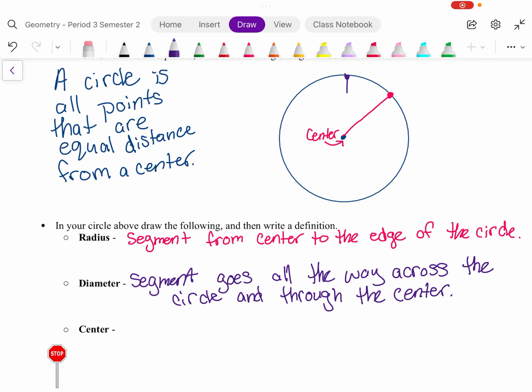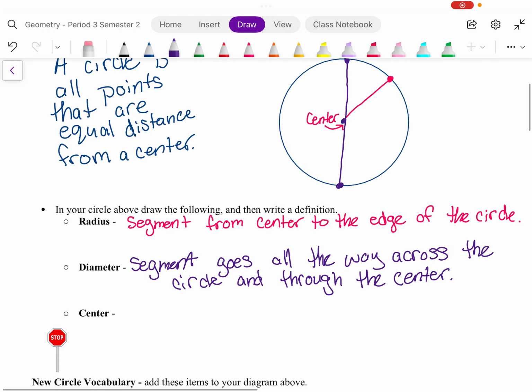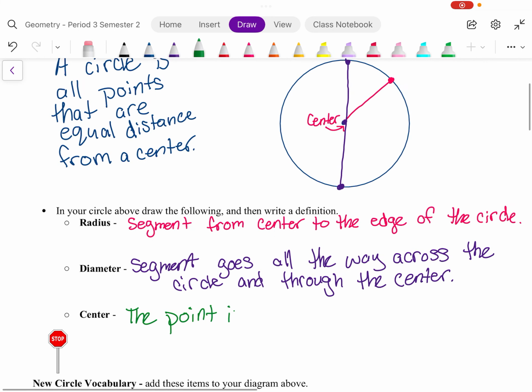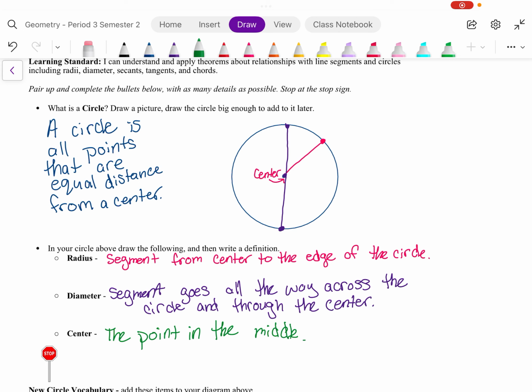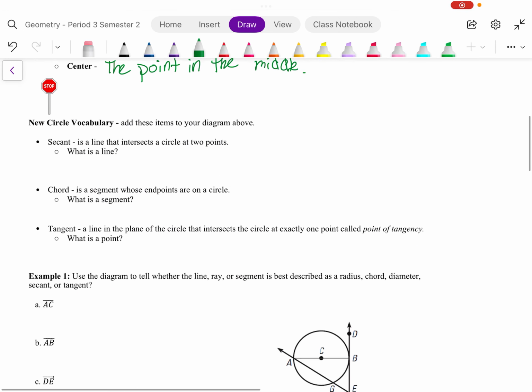So if we draw an example here, it goes through the center and connects the opposite sides of the circle. And then the center is just the point in the middle. Hopefully these are all vocabulary that you have seen before and they're not new to you, and that'll help make the rest a little bit easier.